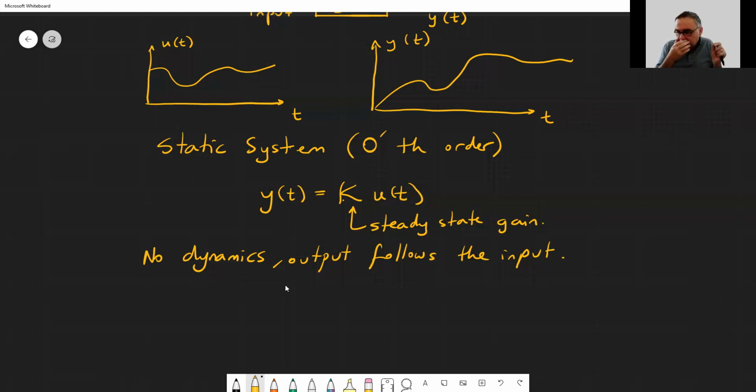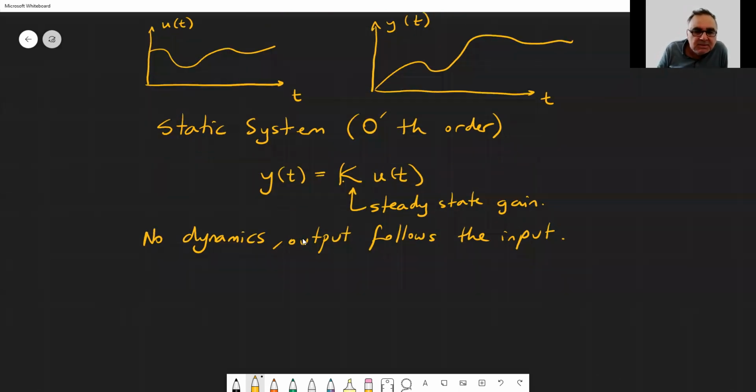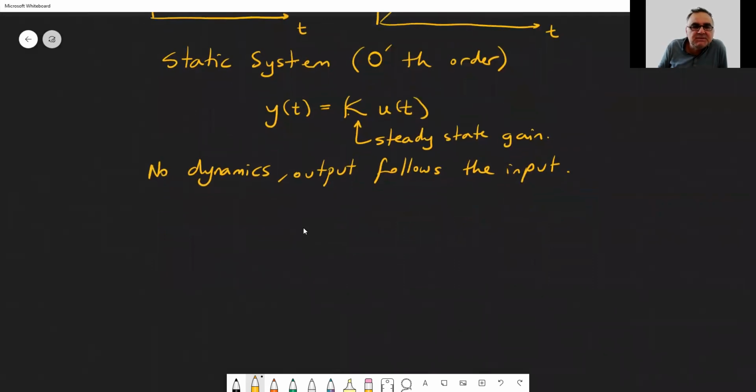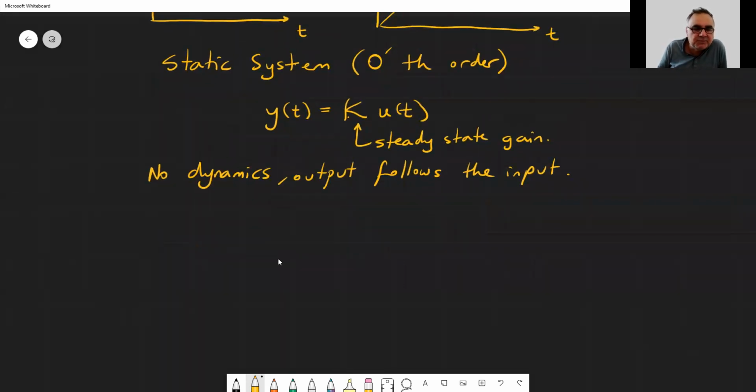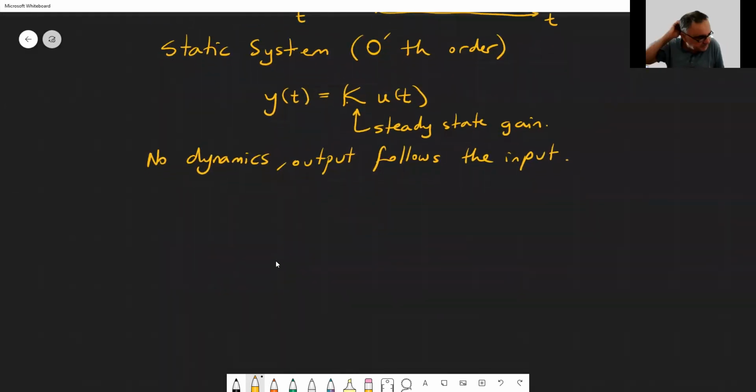So, we sometimes use such systems as approximations, but for real physical systems, except for steady state, you don't have this kind of time response, okay? But as an approximation, it is possible. Then we have the first order systems. This is more interesting.